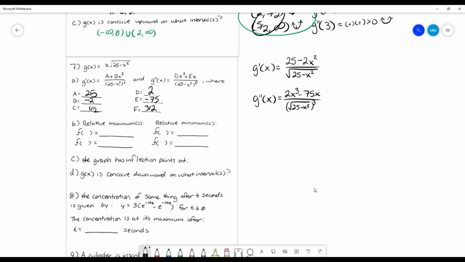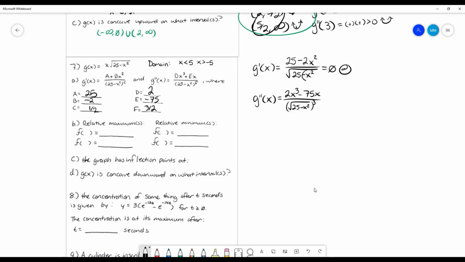Now, in order to find our relative extreme points and inflection points, we set these equal to 0. So this equals 0 whenever our numerator equals 0, although we know for a fact that any x greater than 5 is out of our domain, right? Because that would require us to have a negative in our square root. So our domain, x has to be, no, sorry, less than 5, and greater than negative 5, right?